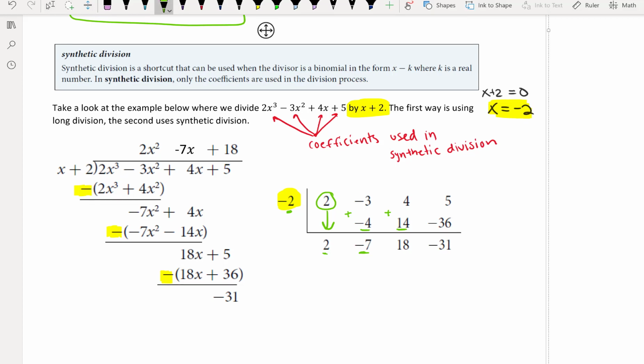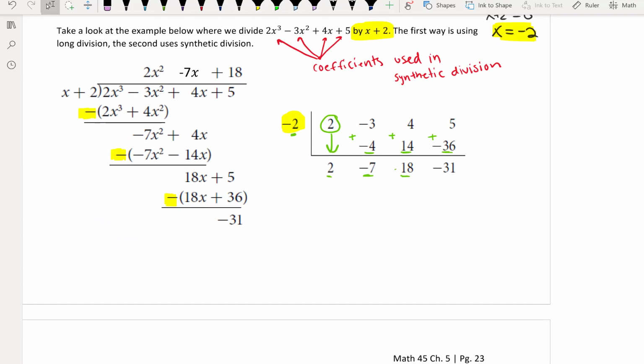Then you multiply: 18 times -2 is -36. And then you add: 5 plus -36 is -31. So you can say that this is 2x squared minus 7x plus 18, and your remainder is equal to -31.